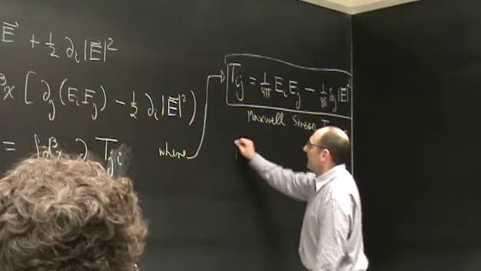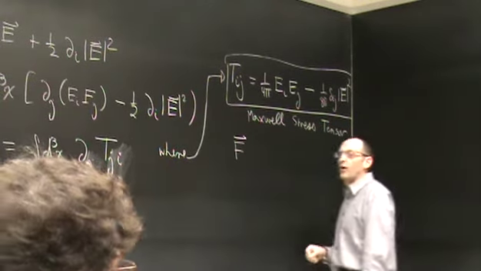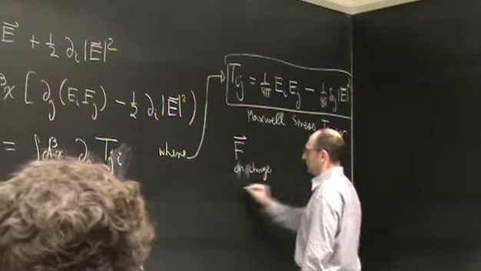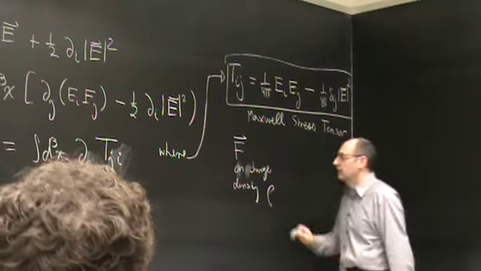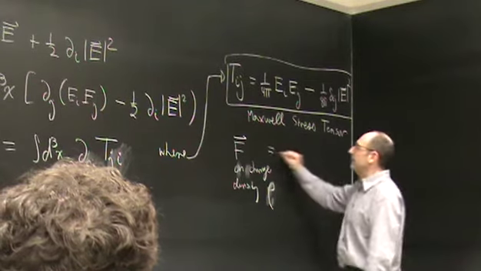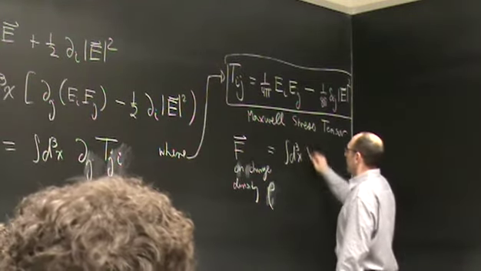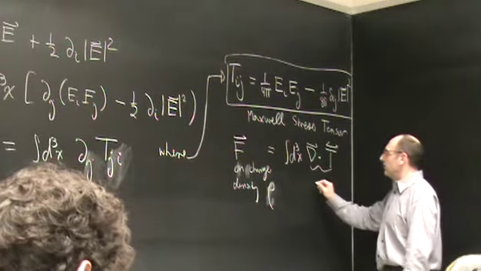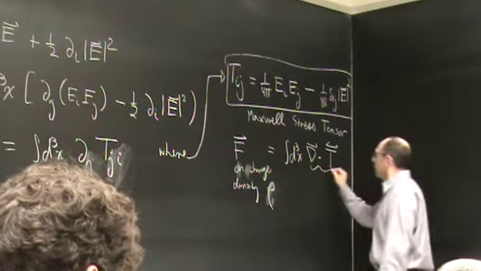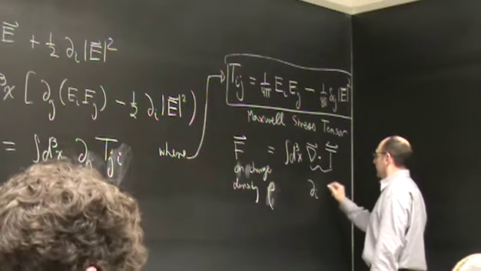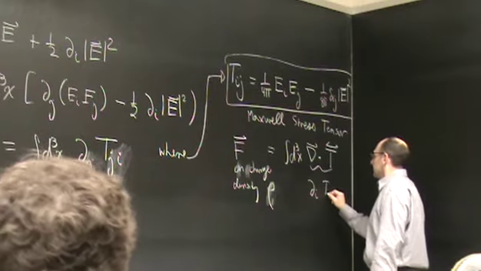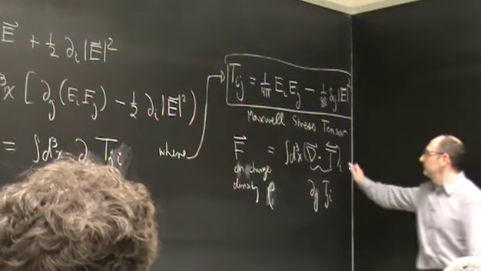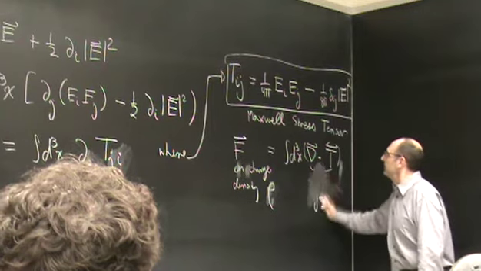But written in vector notation, what we see is that the force on the charges is equal to an integral over all space of the divergence of this tensor, where this is equal to, if I write this out, partial j of T_ji, the i component of this. I'll leave it as such.